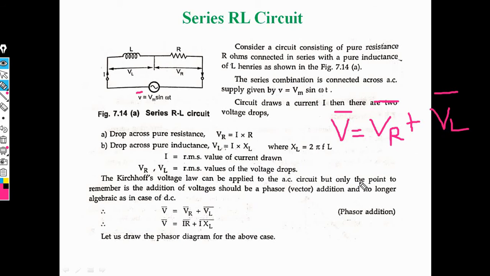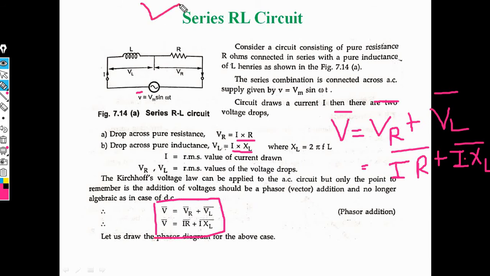The value of VR is I into R, and VL is I into XL, the voltage drop across the inductance. This is the important formula in a series RL circuit.